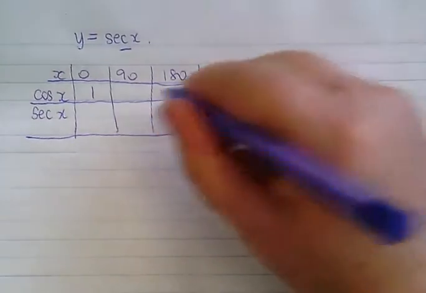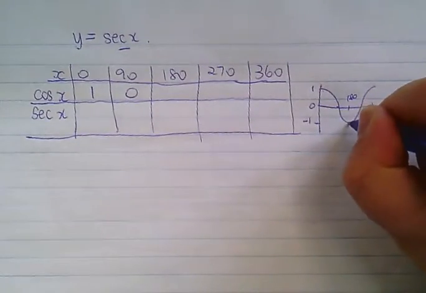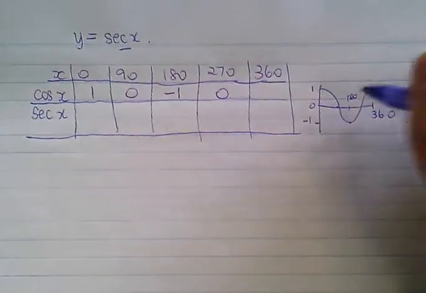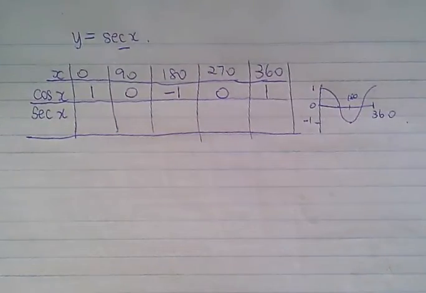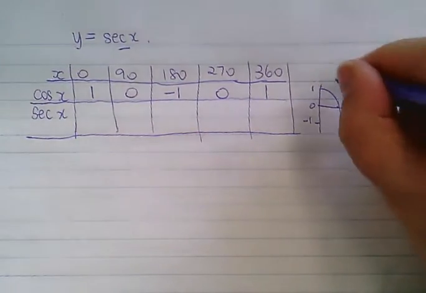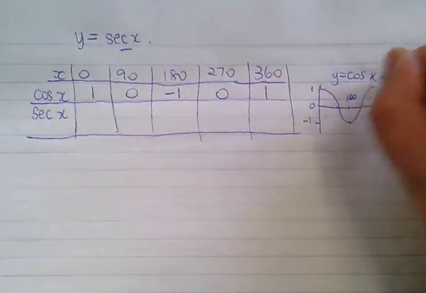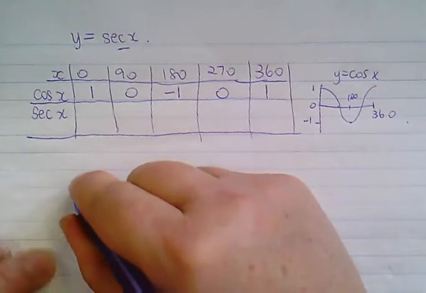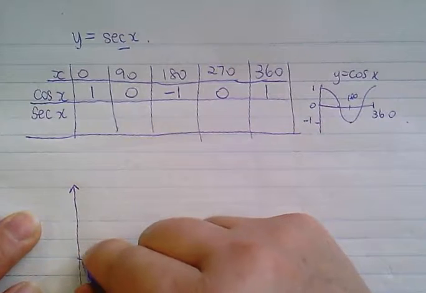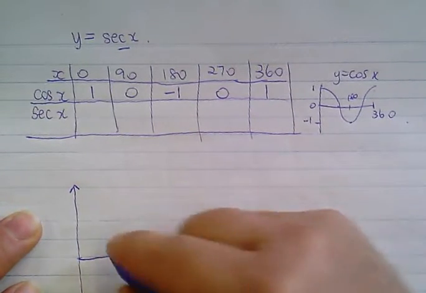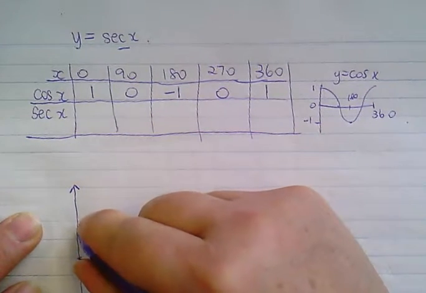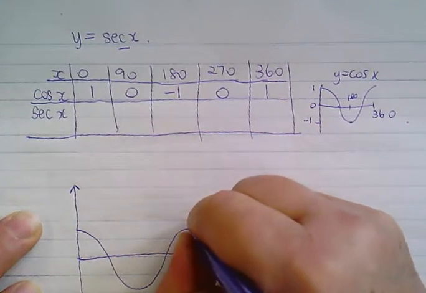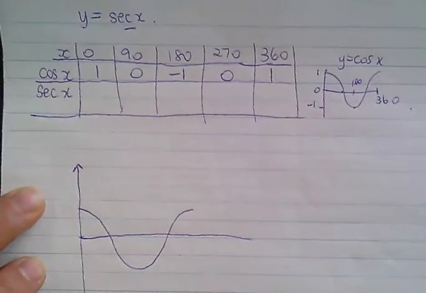The cos of 90 is 0. The cos of 180 is negative 1. The cos of 270 is 0. And the cos of 360 is 1. That's my quick little y equals cos x sketch. So for my sec x, I'm just going to draw the one graph this time. I'll do it a bit smaller. That's my y equals cos x curve in purple.